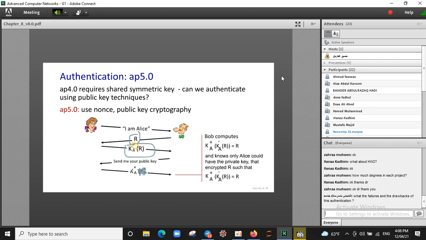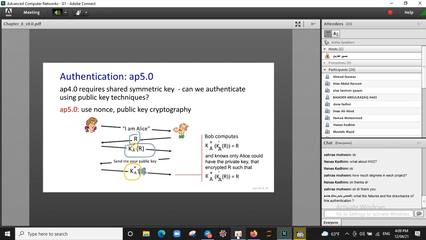This minus sign means that this key is a private key. After that, Bob would ask for her public key. This public key is published over the internet. Alice would send it. Why?